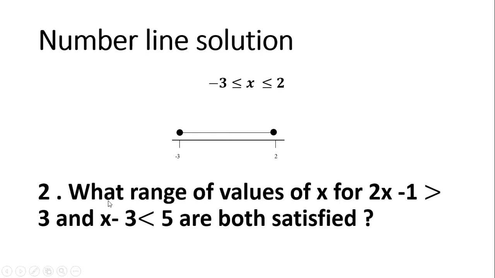And another question in that line: what range of values of x for 2x minus 1 greater than 3 and x minus 3 less than 5 are both satisfied? So we want the combination of 2x minus 1 greater than 3 and x minus 3 less than 5.